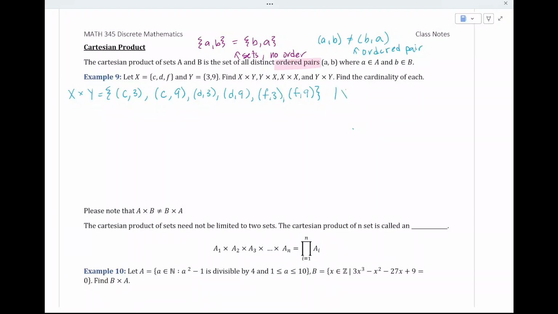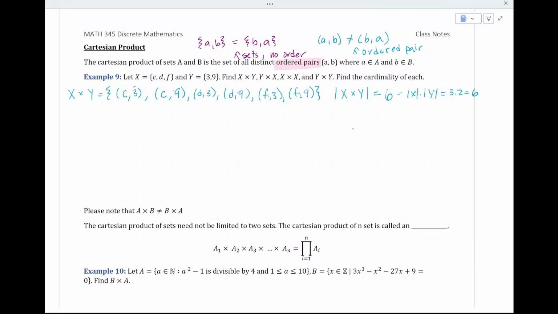The cardinality of X cross Y is 1, 2, 3, 4, 5, 6. And it's actually the same thing as the cardinality of X times the cardinality of Y, because we're taking every element from X and combining it with Y. So how many combinations are there? That's 3 times 2, which is 6. So multiple ways to think about this.